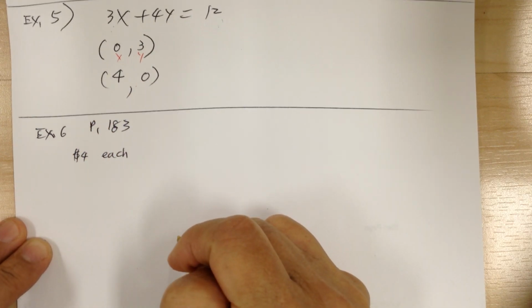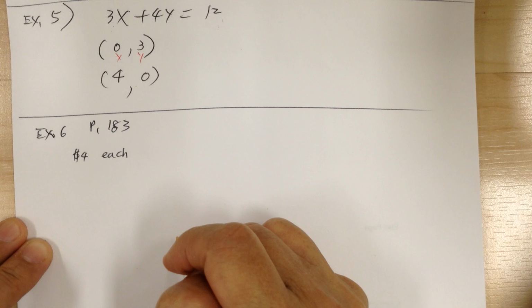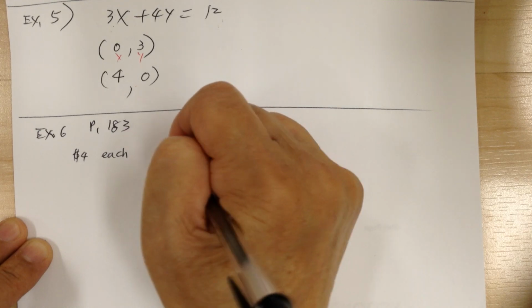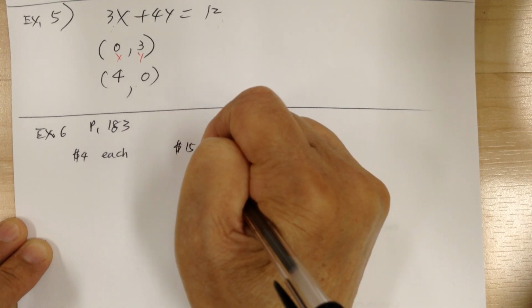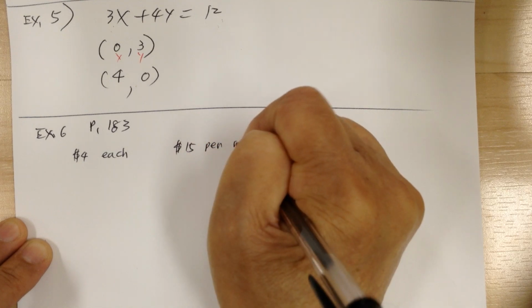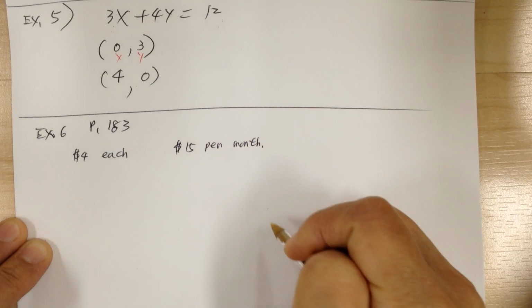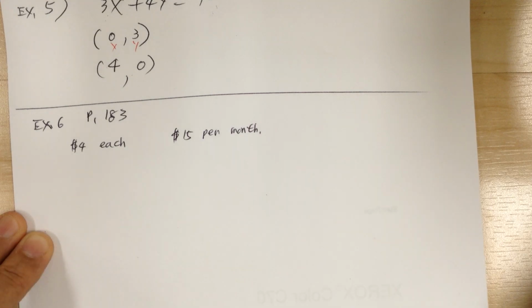An internet company offers a flat fee of $15 per month for as many rentals as you want. How many DVDs do you need to rent to make online rental a better buy?